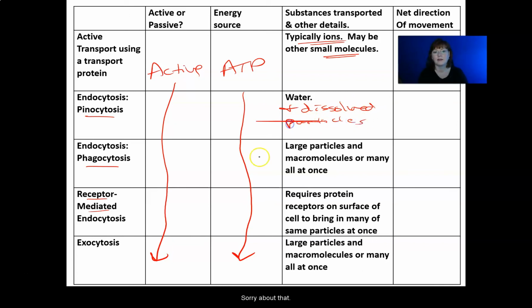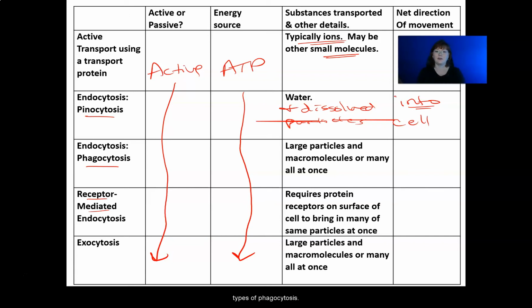In this case, endo means within or into, so we are moving these droplets of water into the cell. Phagocytosis means cell eating. We are phagocytizing other molecules or particles. We might be engulfing a bacteria or a cell that's no longer functioning properly and we need to break it down.